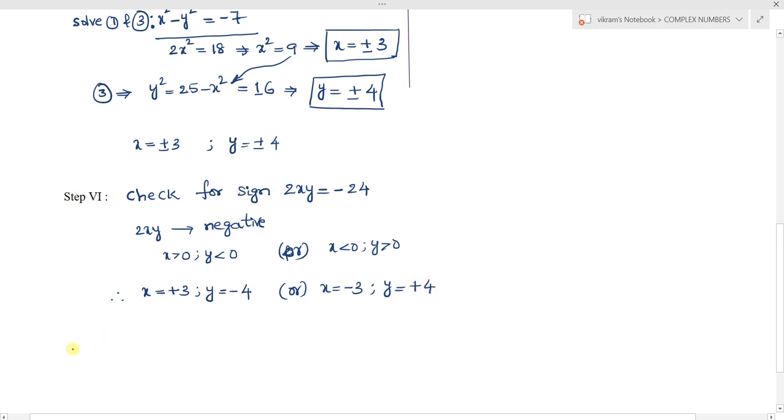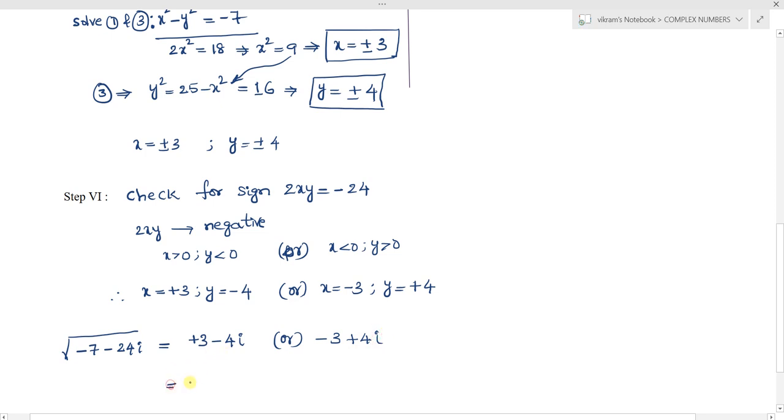Now finally, what is the square root of minus 7 minus 24i? It is x plus iy. If x equals plus 3, y equals minus 4, that means 3 minus 4i. What is the other one? If x equals minus 3, y equals plus 4, that means minus 3 plus 4i.